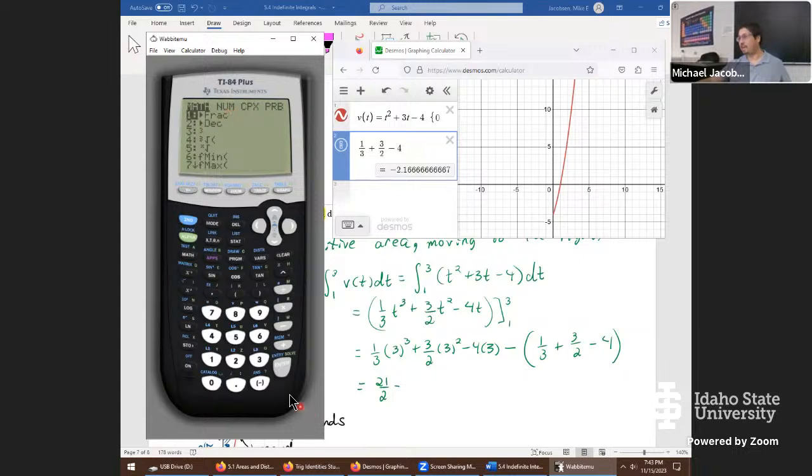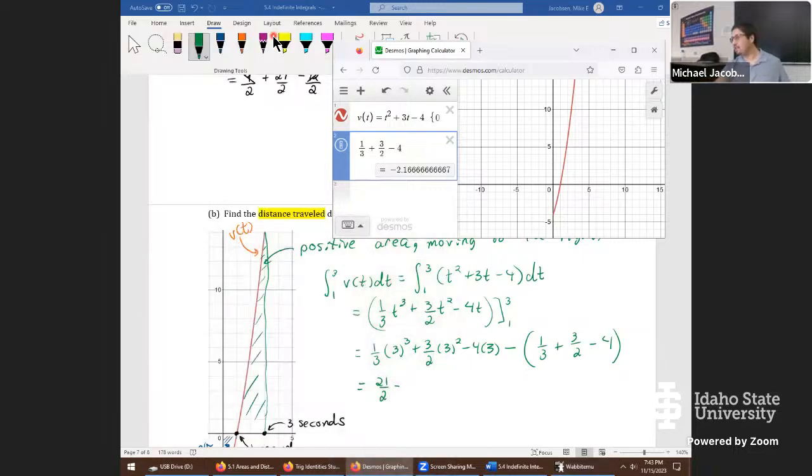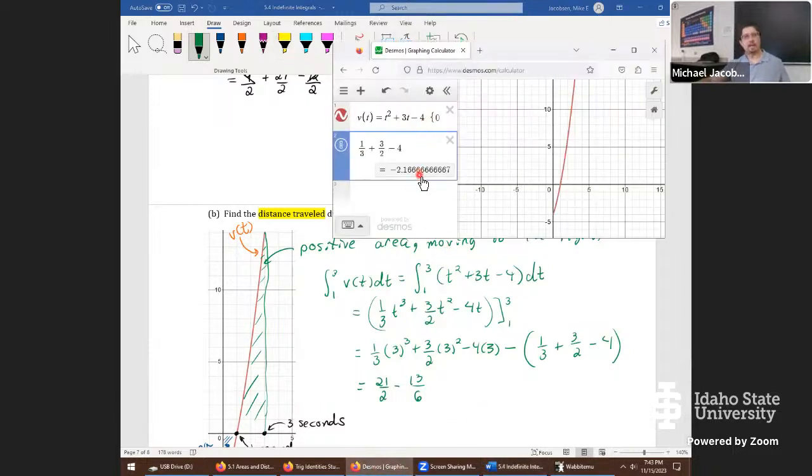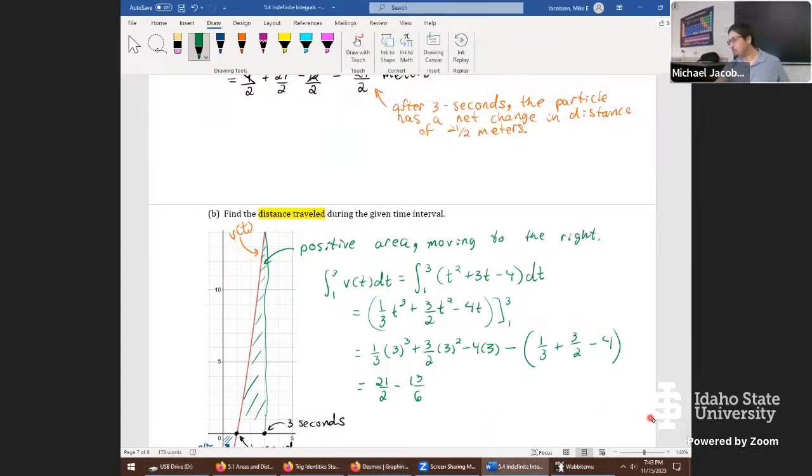First option is convert to fraction. And that's what we're expecting, negative 13/6. So let's throw that in, 21/2 minus 13/6. If you did give the decimal answer, that would be appropriate too, but I'm trying to go for an exact answer on this one since that's what we're typically going for when it's not an application.